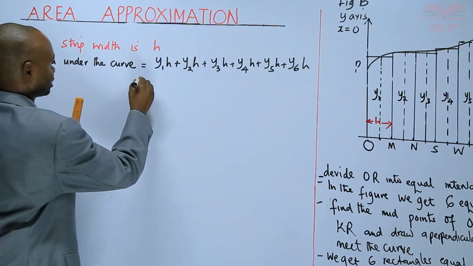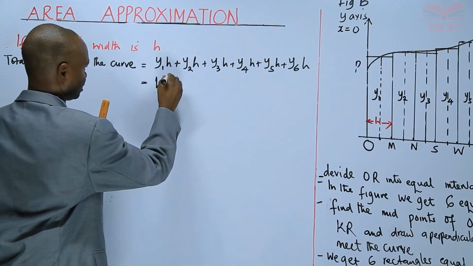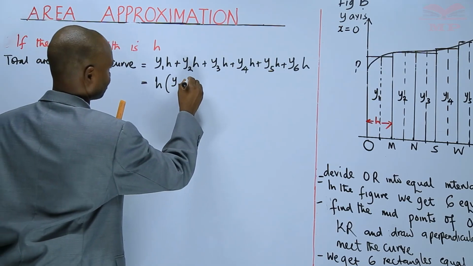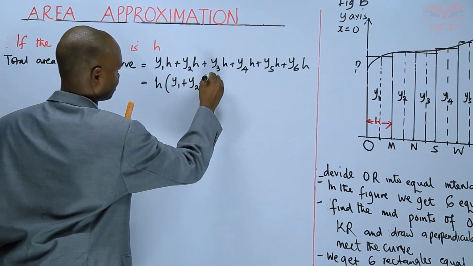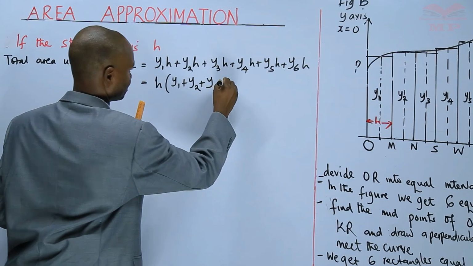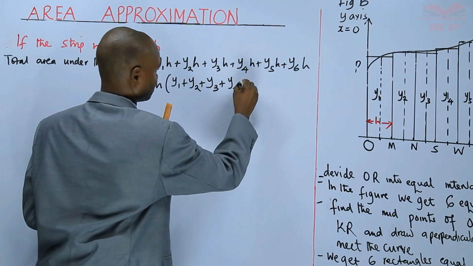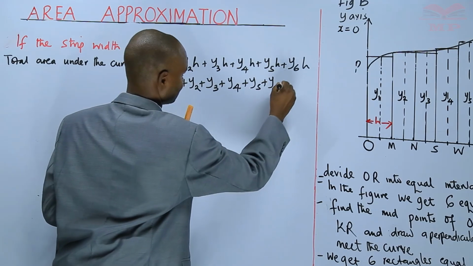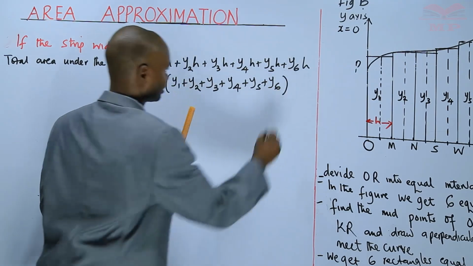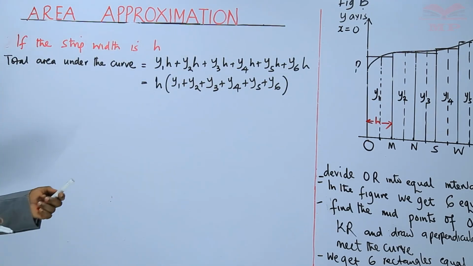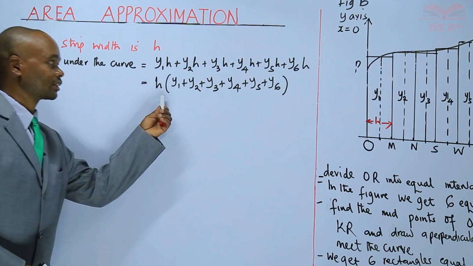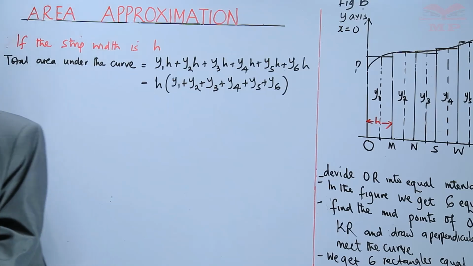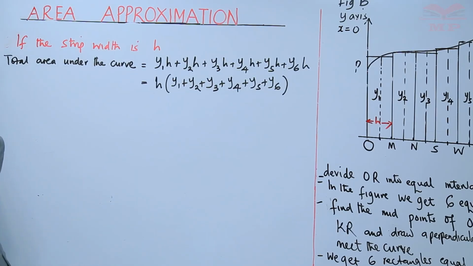It can be factorized to h into y1 plus y2 plus y3 plus y4 plus y5 plus y6, which simply comes to the strip width times the sum of the mid-ordinates.